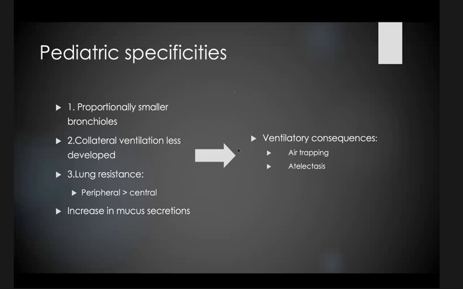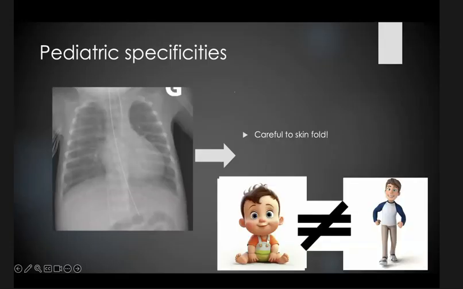There are pediatric specificities about lungs. The bronchioles are proportionally smaller than in an adult. You know that regular lungs have collateral ventilation, which is less developed in kids. And you have a bit more resistance in the periphery of the lungs than in central lungs in kids. They also have a bit more mucus secretions, which can lead to ventilatory consequences like air trapping or atelectasis.